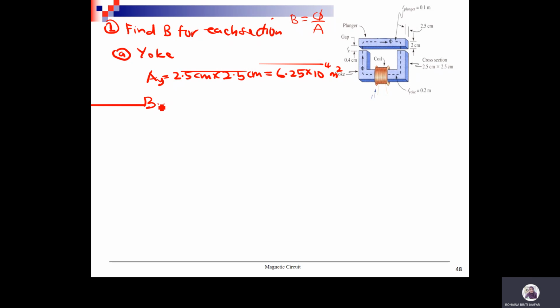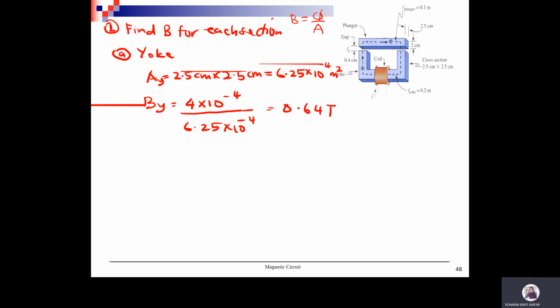So B yoke equal to, flux given is 4 times 10 minus 4 over 6.25 times 10 power minus 4. So the value of B, use your calculator, you will get 0.64 Tesla.